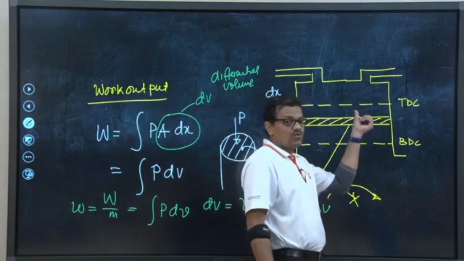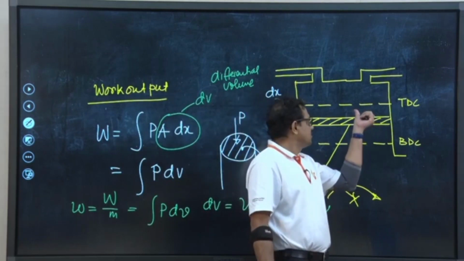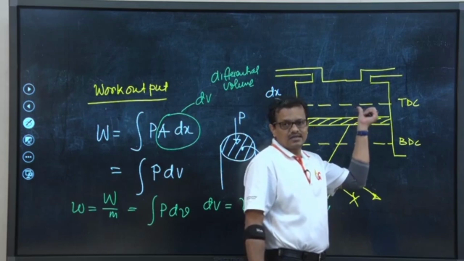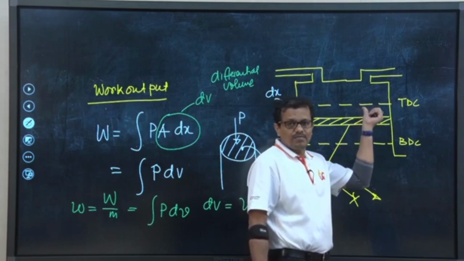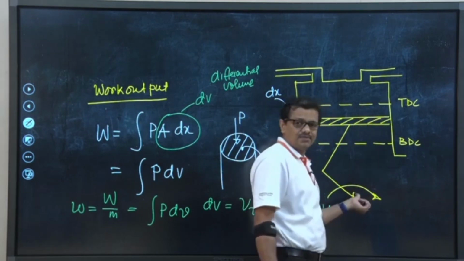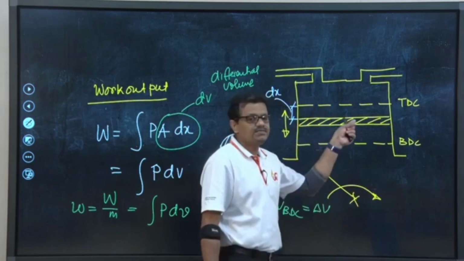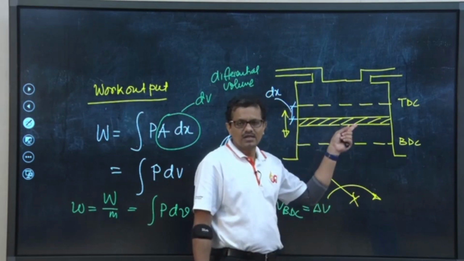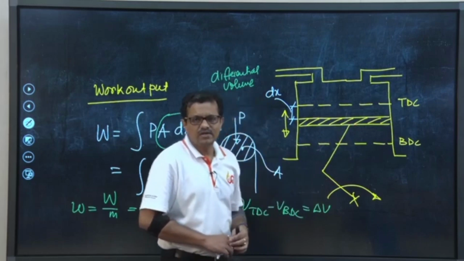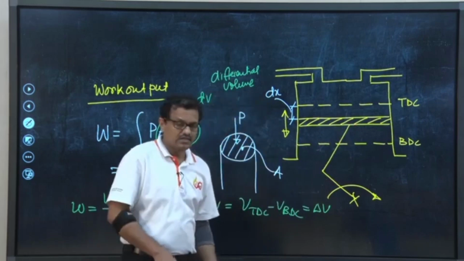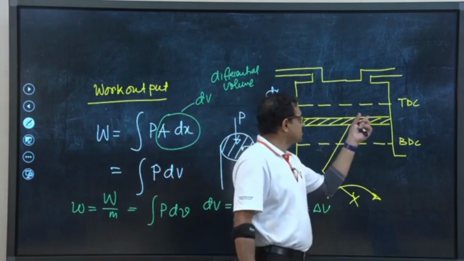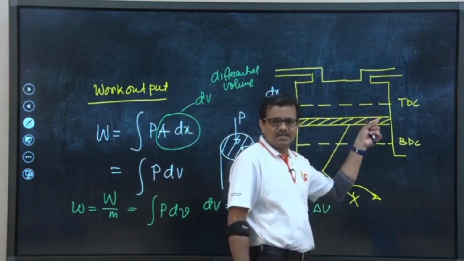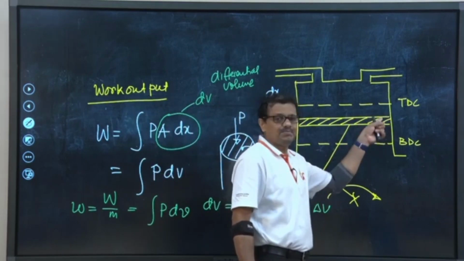Think that the work which is produced inside the cylinder may not be available at the crankshaft because of the mechanical friction. That is what we have studied. These are the mating parts.